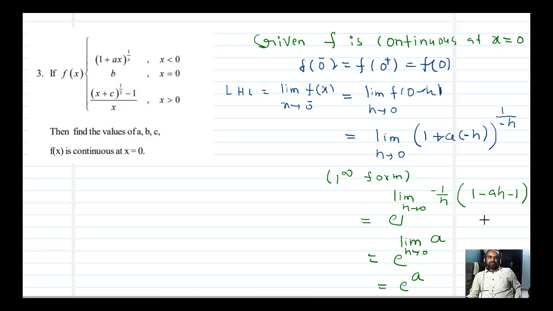Now, I want to find RHL, that is equal to limiting value of f of x as x is tending to 0 plus, which is the same as limiting value f of 0 plus h, h tending to 0.